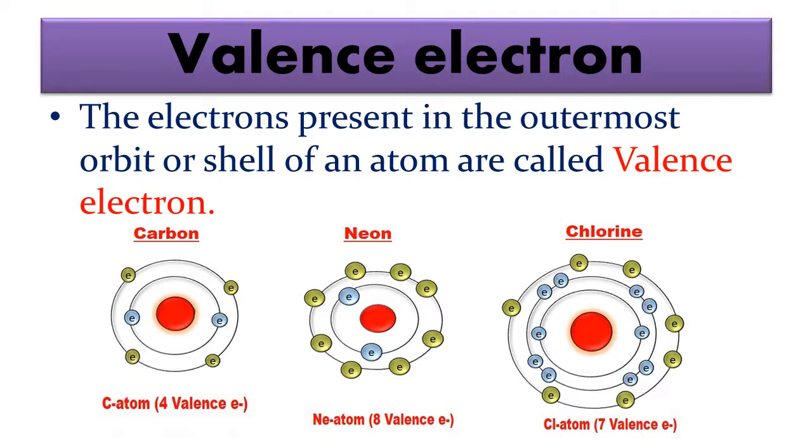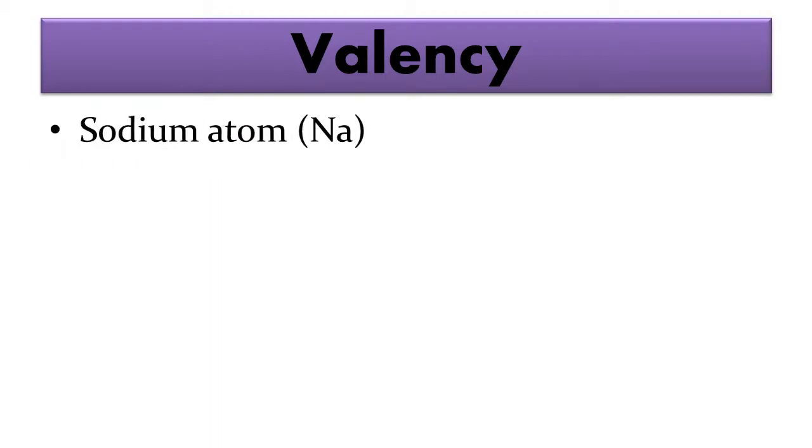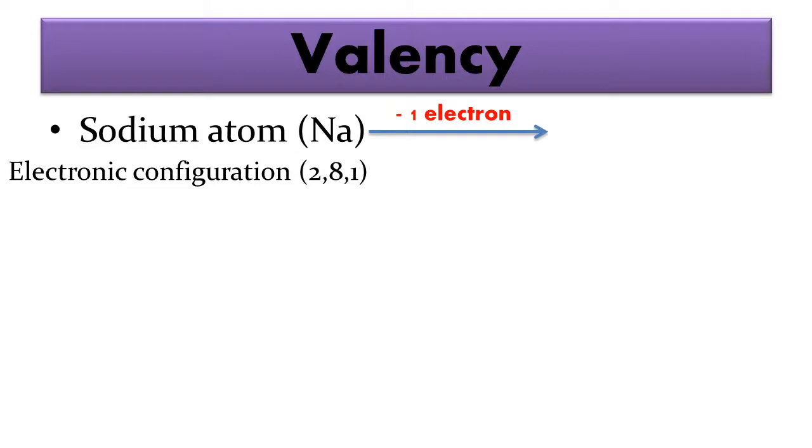Now let's study valency with a proper example. Here a sodium atom is there, and we know the electronic configuration of the sodium atom is 2, 8, 1. A sodium atom gives away 1 electron and a cation of sodium is formed.